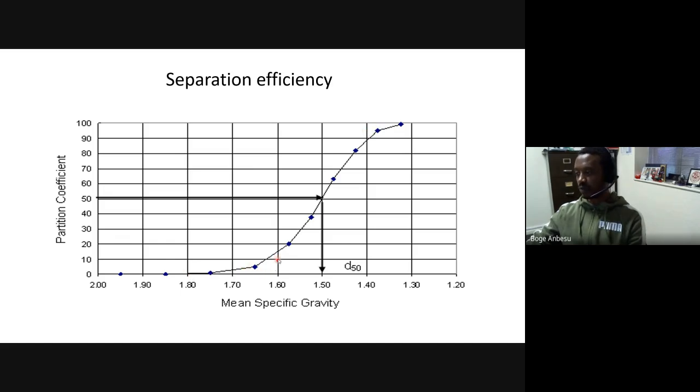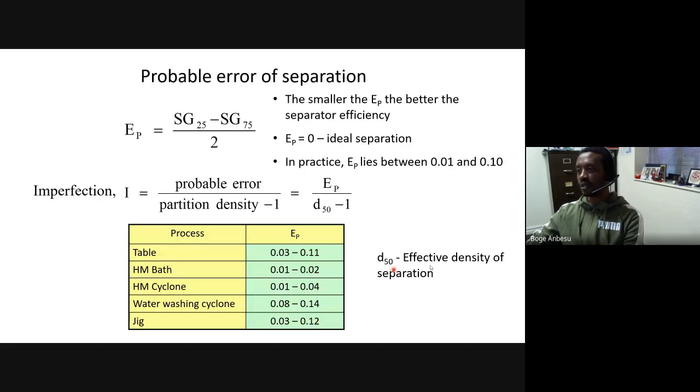For example, if you had a particle with specific gravity of 1.6, this curve is telling me maybe about 15% of them, instead of going to the sink, actually went to the floats. So that's why this curve again can be very useful in assessing the performance of a gravity separator.